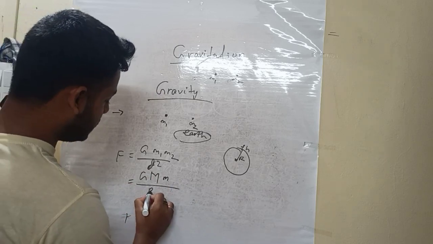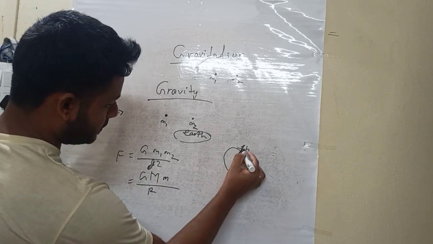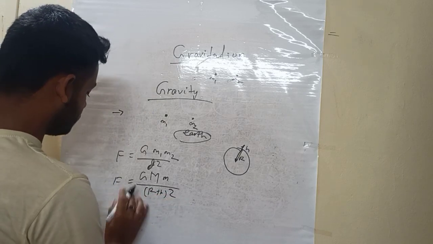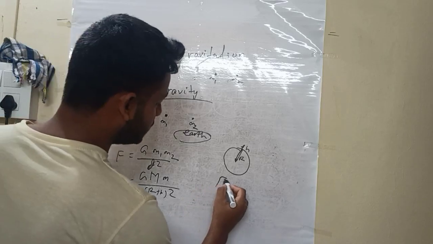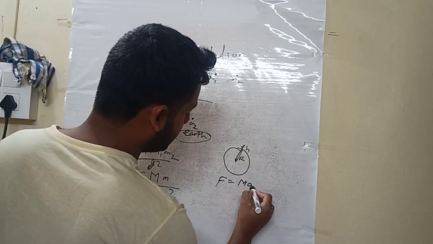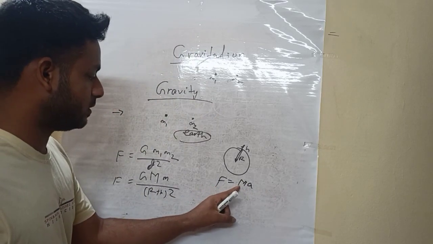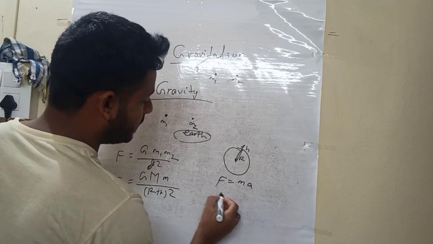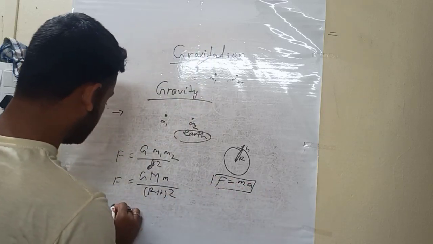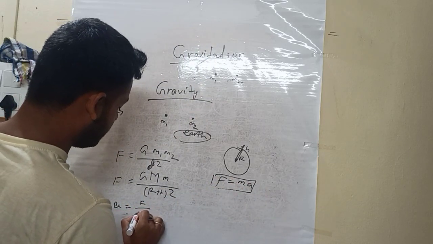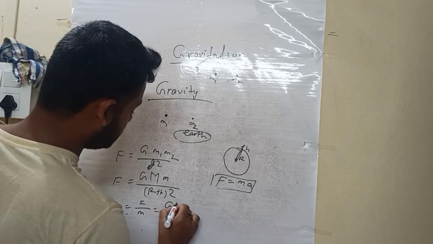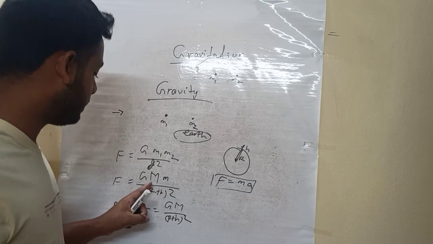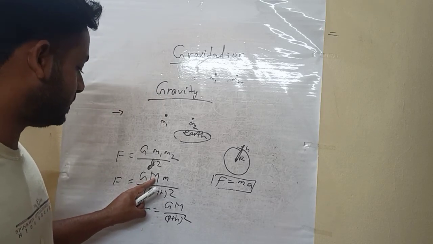The distance will be the center to center distance, this distance r plus h, whole square. This is the force. Force is what we know, m into a, where m is the mass of that particular body. So acceleration will be force divided by that particular mass. So this will be GM by (r plus h) whole square. Here remember, this mass is the mass of the earth.